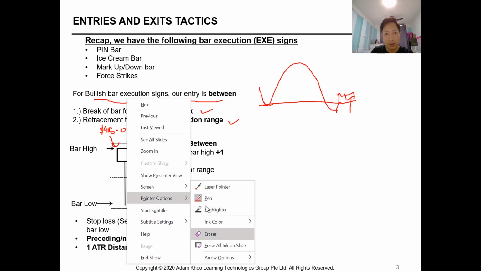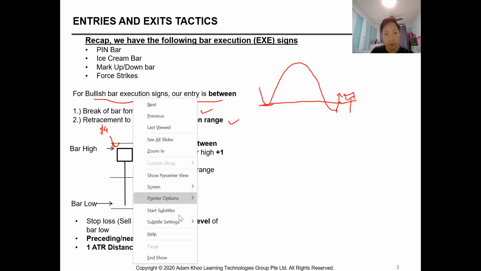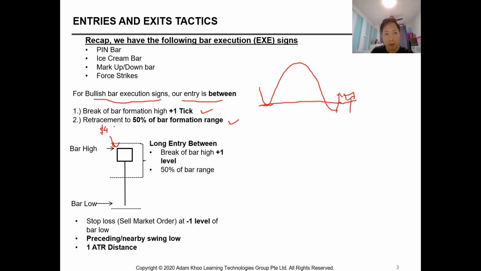Just let me draw this again nicely for you. The high of the bar is $45, and the low of the bar, let's say, is $44. Hence the midpoint of the bar is roughly $44.50. Agree? The midpoint of the range of the bar will be $44.50.